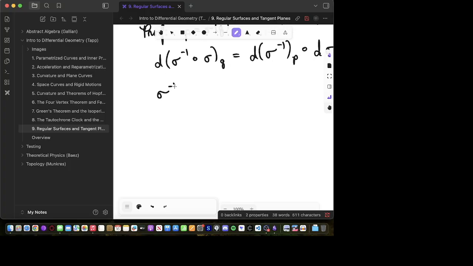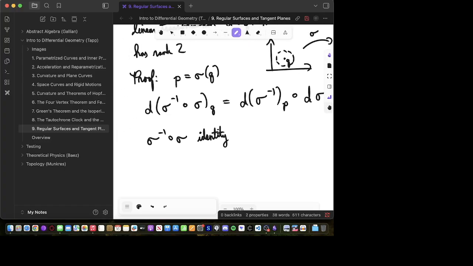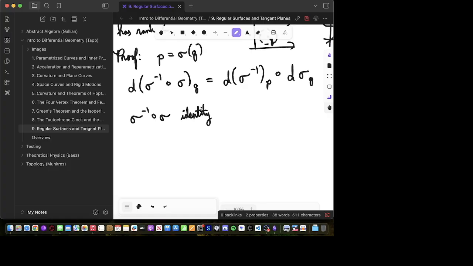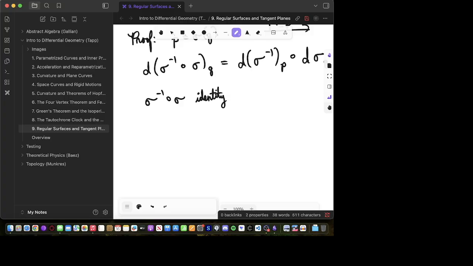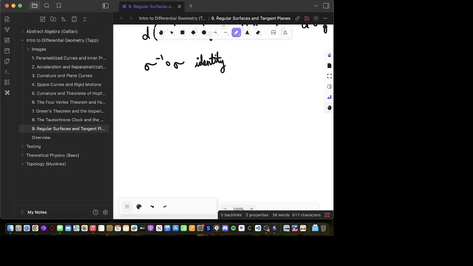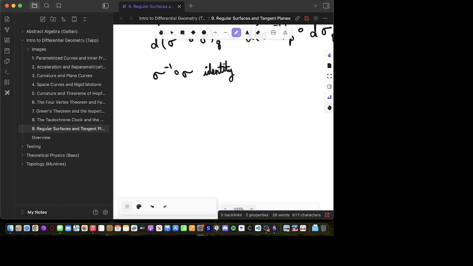But we know that this function is the identity function because sigma is a diffeomorphism, which necessarily means it is invertible. And by the way, we're extending all of these functions to R2 and R3. And the identity has rank 2.